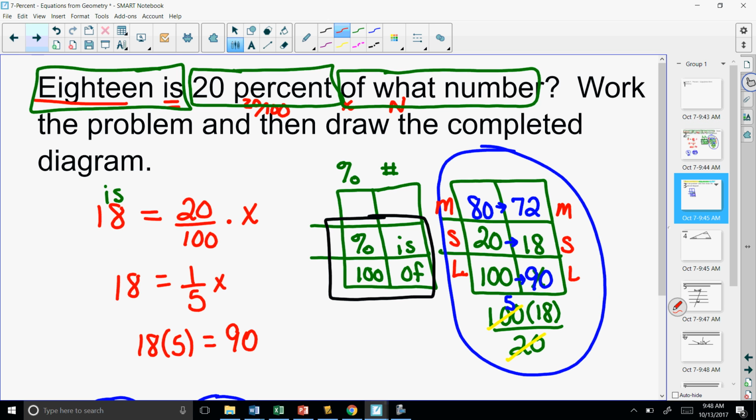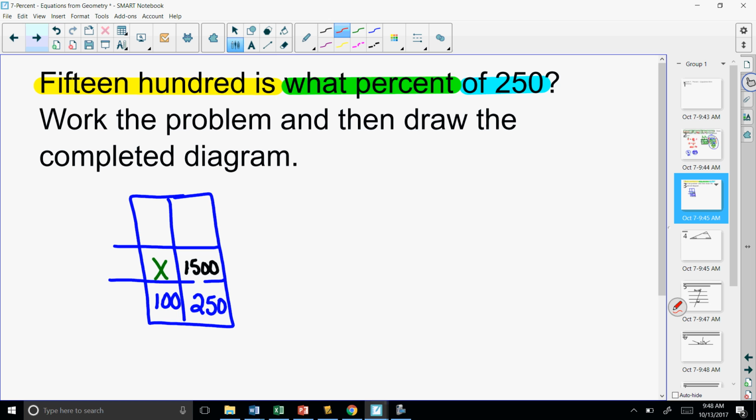So if we come back to this problem, what do you think is happening? Compare 250 to 1500. 250 is my smaller number, 1500 is my larger number, so what do you know about your percent in this case? It's going to be greater than 100%, which is if you got a pay raise, something like that.